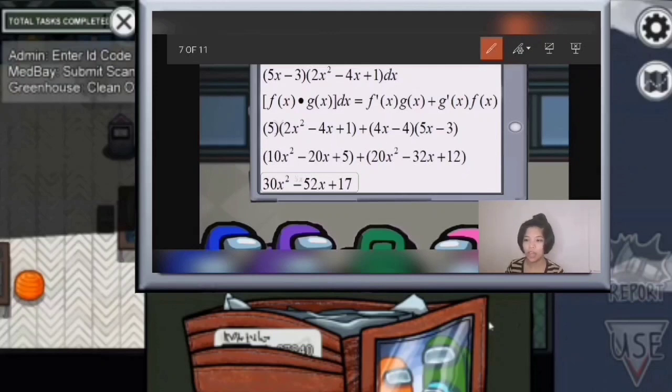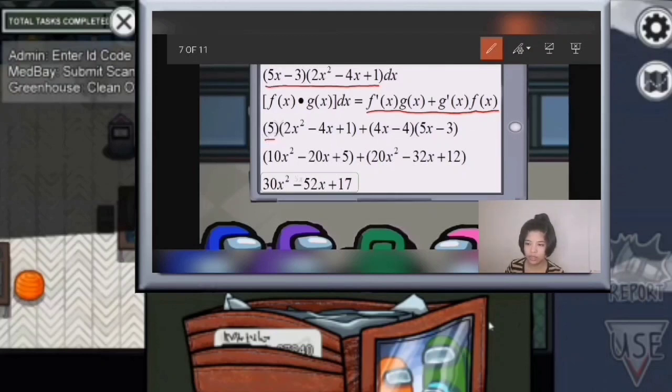So let's find the derivative of the quantity of 5x minus 3 times the quantity of 2x squared minus 4x plus 1. Based on the formula of the product rule, we need to find the derivative of f of x, which is 5x minus 3. So that will be 5.